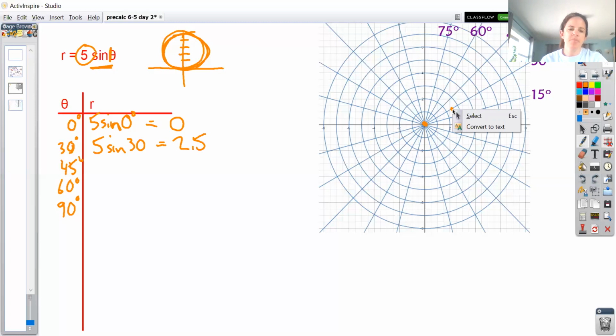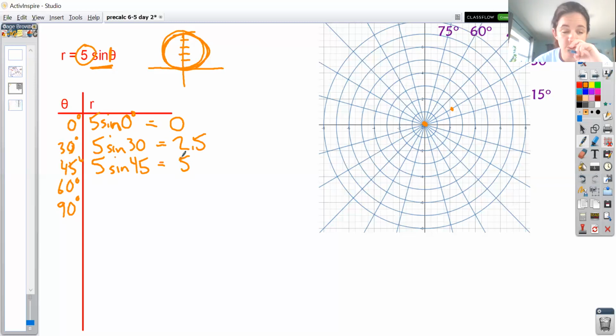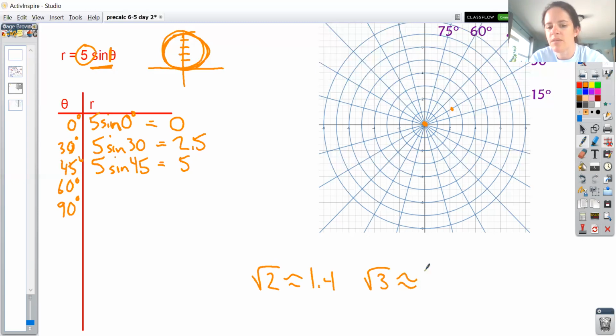Next, 5 times the sine of 45 would be 5 times root 2 over 2. We're going to use the approximations that we used on the 4.4 notes, that root 2 is approximately 1.4 and root 3 is approximately 1.7.